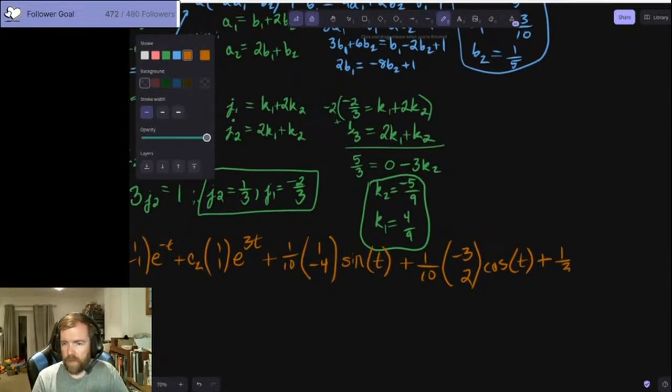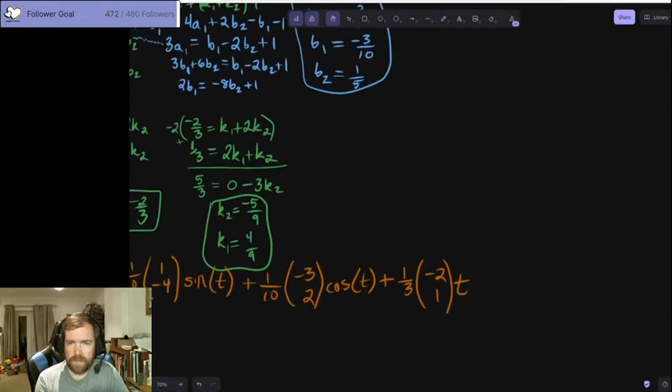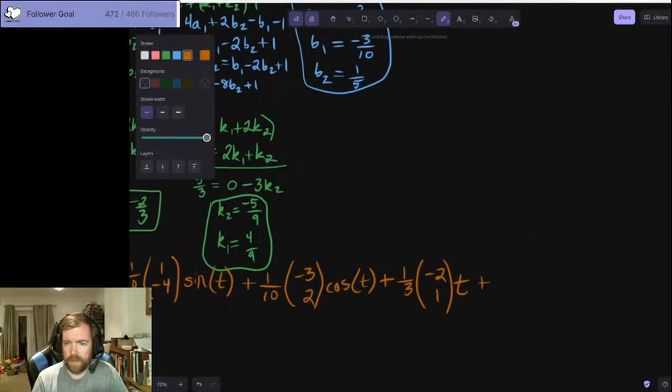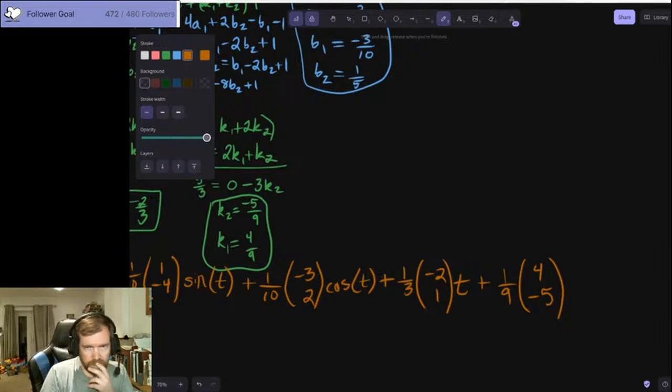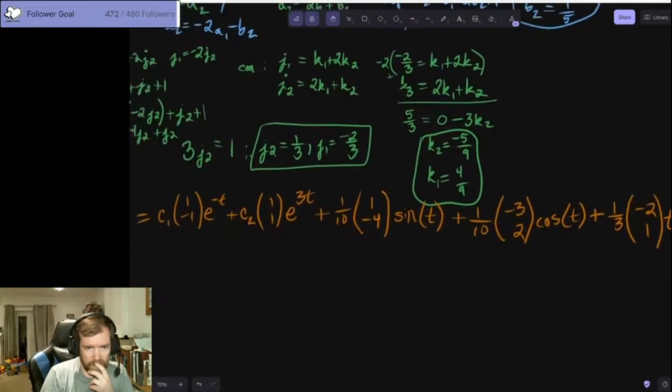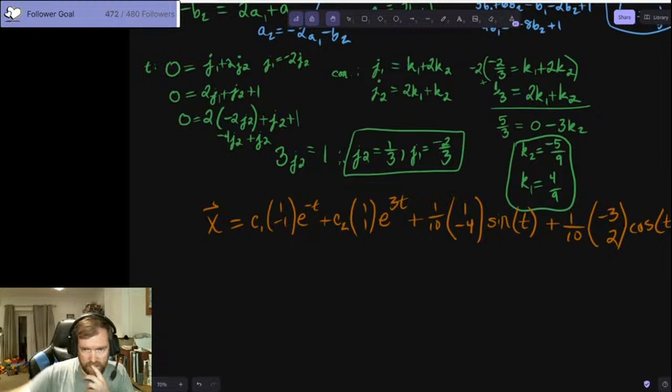So this is a 1/3 -2(1) times t plus 1/9 4 -5, and that's constant, right? Just times 1. Right, that is everything all the way through.